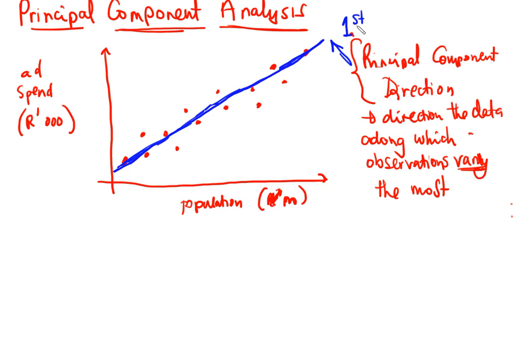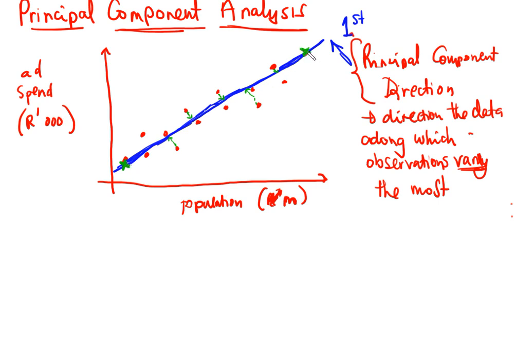If we projected the observations onto this line, we're going to see this in the next video as well, we project all observations onto this line, each point. When we project it onto this line, we can see that this point is going to be here, and this point is going to be there.